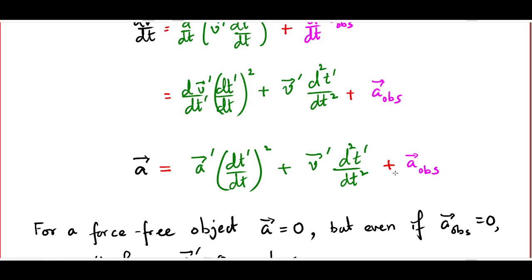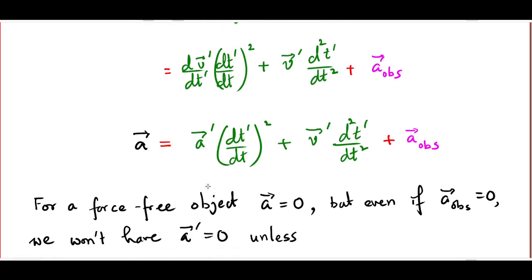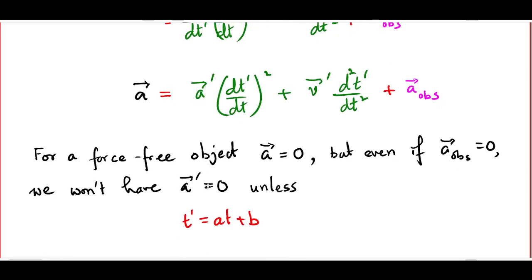But even if A obs is 0, that is, even if O prime would have been inertial otherwise, is translating with a constant velocity with respect to O, even then, A prime would not be 0 in general. Unless, of course, this term vanished.